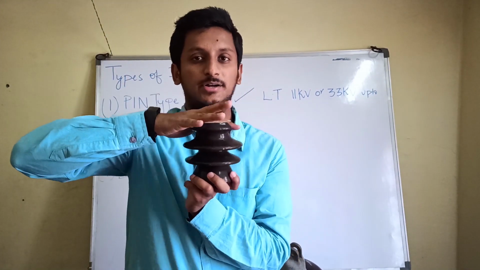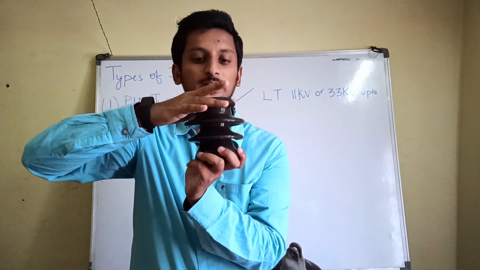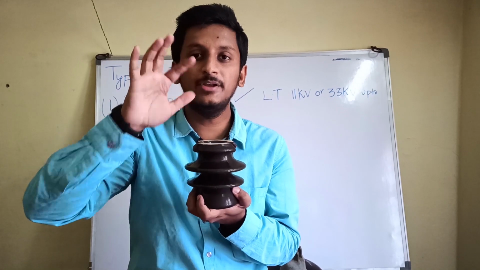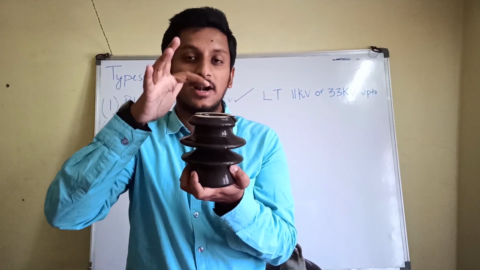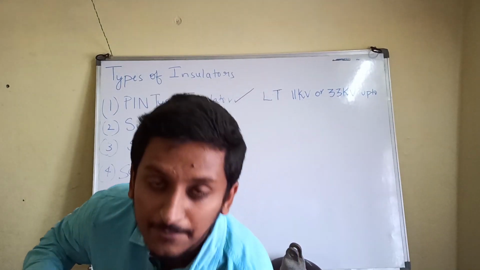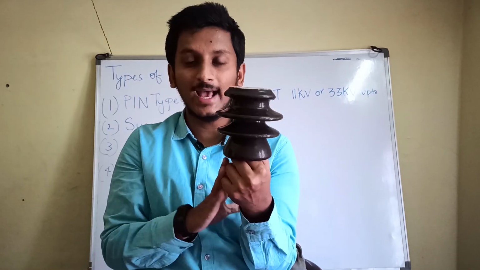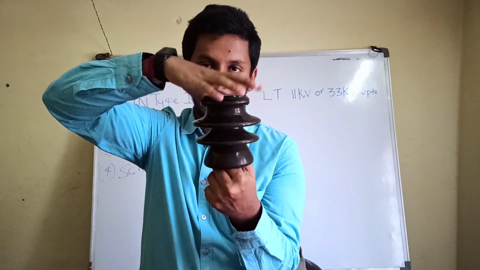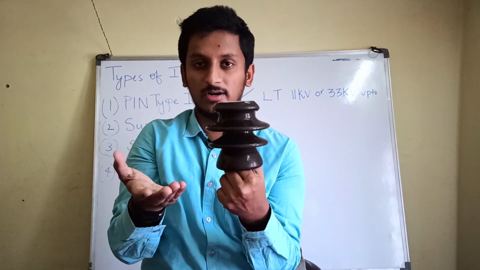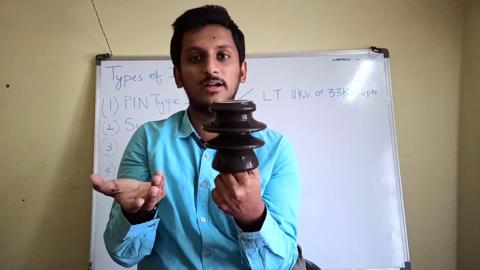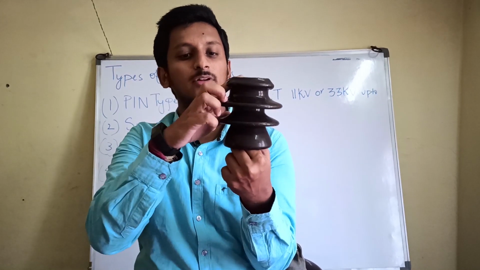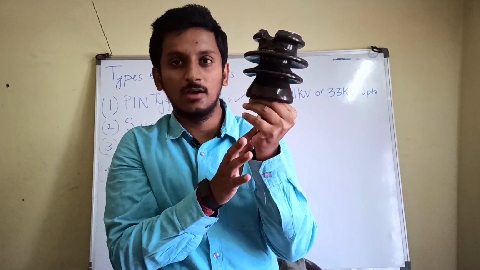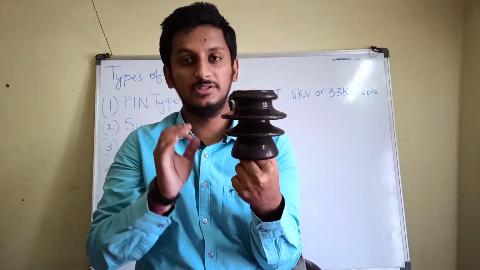When you place the conductor like this, whenever rain falls onto this conductor, as you know, rain is water, and it is a good conductor of electricity. Whenever the water hits onto this pin, there is leakage of current, which is dangerous.